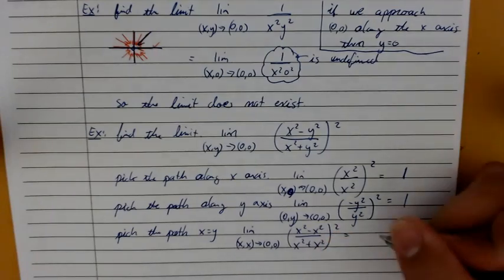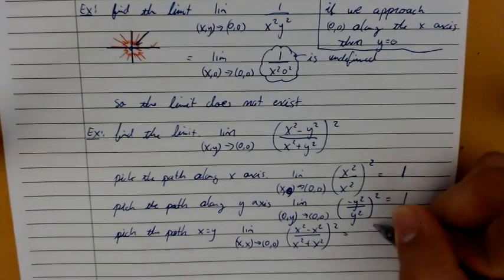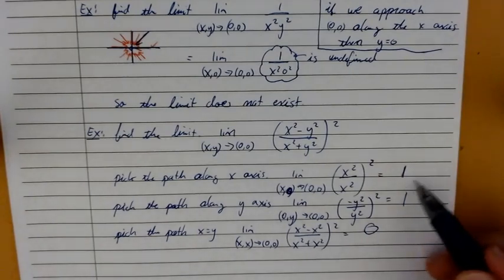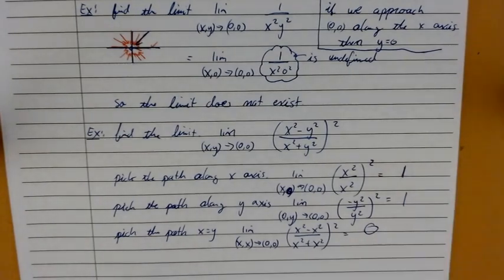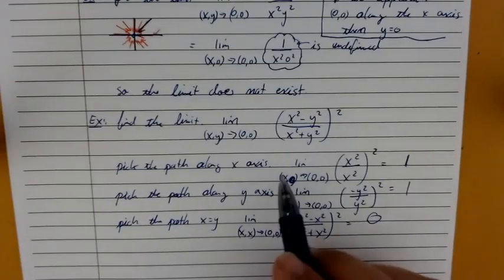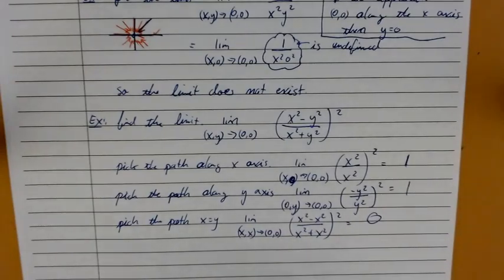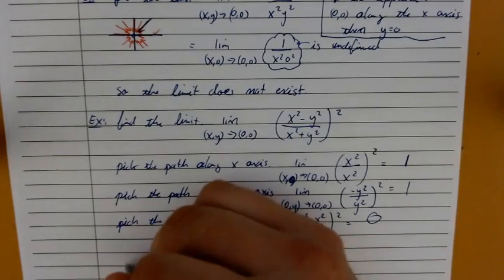Squared is still 0, and the limit of a constant stays constant. So there's a different limit along different paths. If you picked other paths, you would probably get something different from either of these. Yes, the limit along these paths exists, but they're not equal to each other. So this limit does not exist.